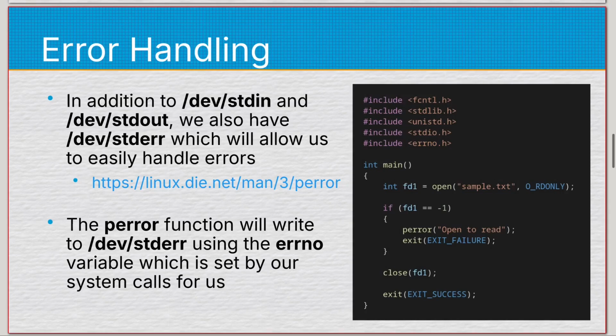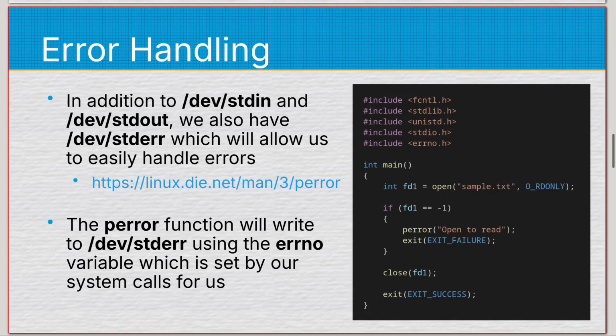Now, I could do write, and instead of doing the standard output file number, I could do the standard error file number. That would work. There is perror, and from what I can read online, perror in modern day is signal thread safe.